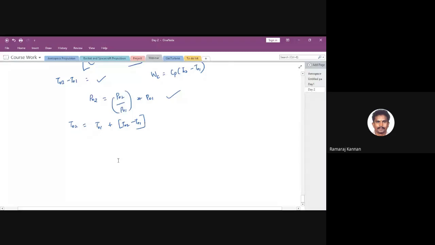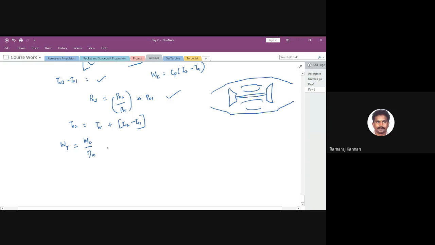Your turbine and compressor are going to be connected by means of a single shaft. We know that; already we looked at the gas generator part. So whatever the work required for the turbine is going to be equivalent to the compressor work divided by the transmission efficiency.